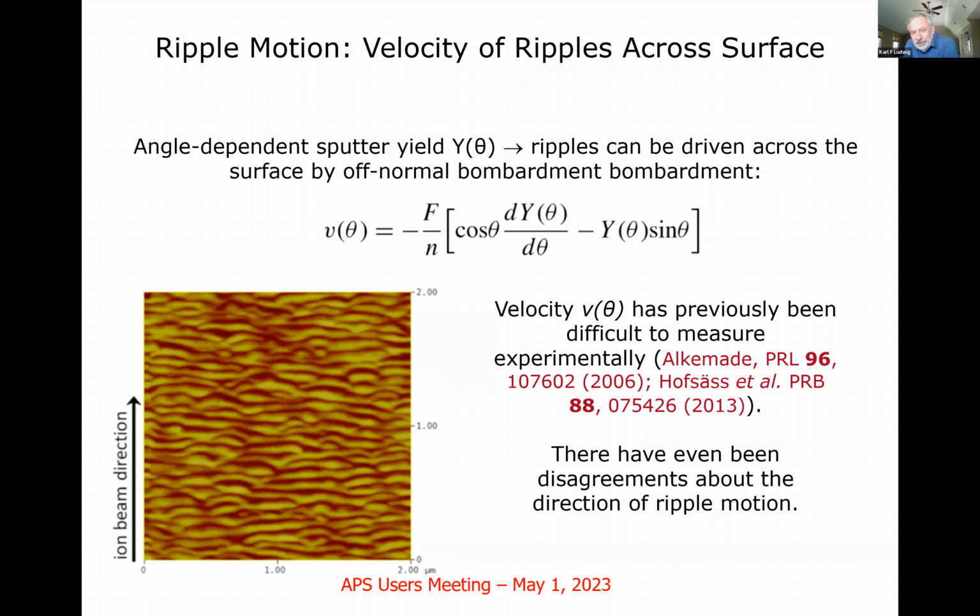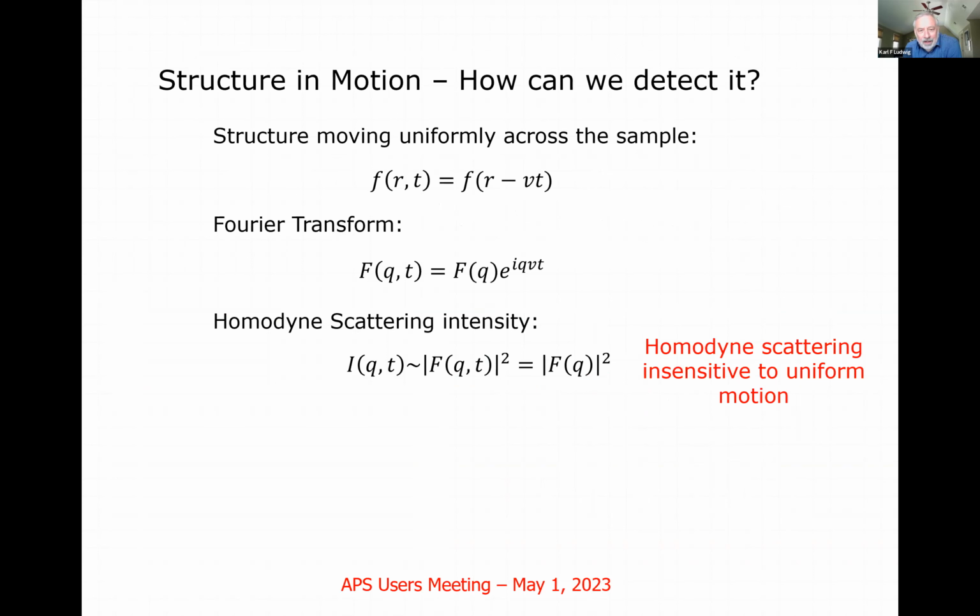So this V is the velocity that these ripples are expected to move across the surface, but it's been very difficult in the field to measure these experimentally. There have even been disagreements about the direction of the ripple motion, much less whether it obeys this actual formula that theory comes up with.